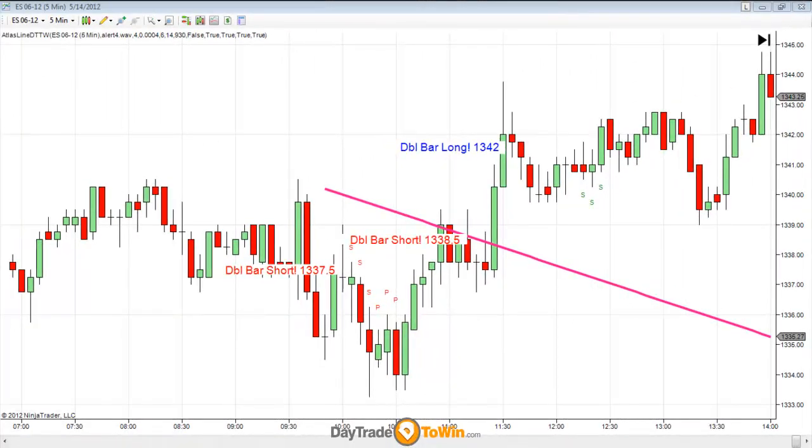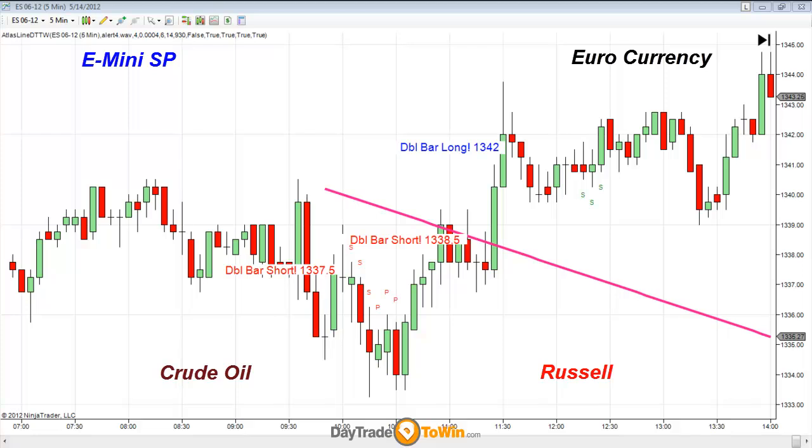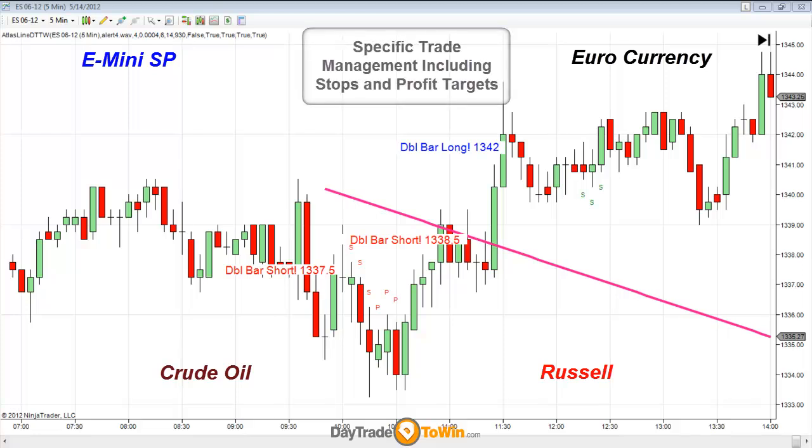Now that I have shown the Atlas Line added to a few markets, such as the E-mini S&P, the Euro currency, crude oil, and the Russell, let me tell you how traders are using the Atlas Line to enhance their trading. Each trade setup has specific rules for profit targets, stops, and trade management.